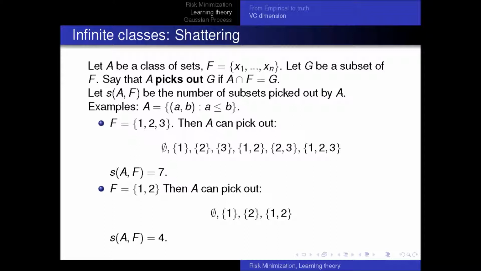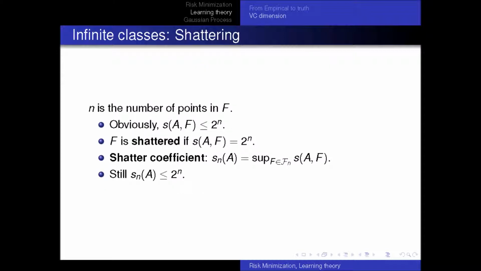So if it's {1, 2, 3}, and you make a be 0 and b be 3, it can pick out {1, 2, 3}. Let me make this notation simpler.